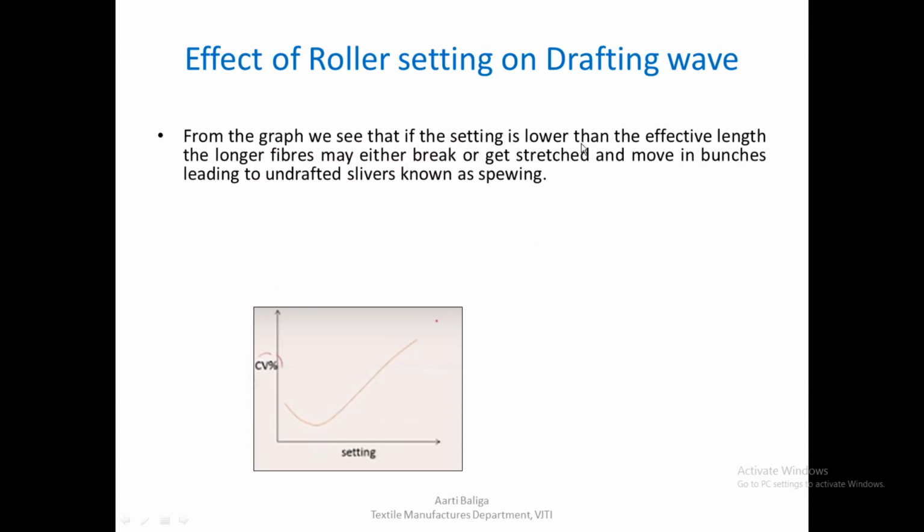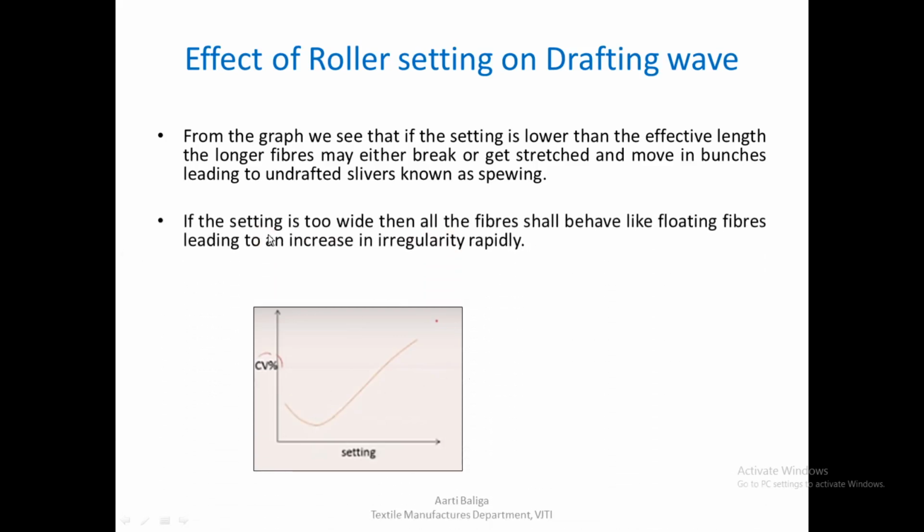If the setting is lower than what the effective length should give you, the longer fibers may break or even get stretched, and they tend to move in bunches. And when they move in bunches, it leads to undrafted sliver, which is known as spewing, and which would contribute to the increase in the drafting wave. That is the situation before this low is achieved.